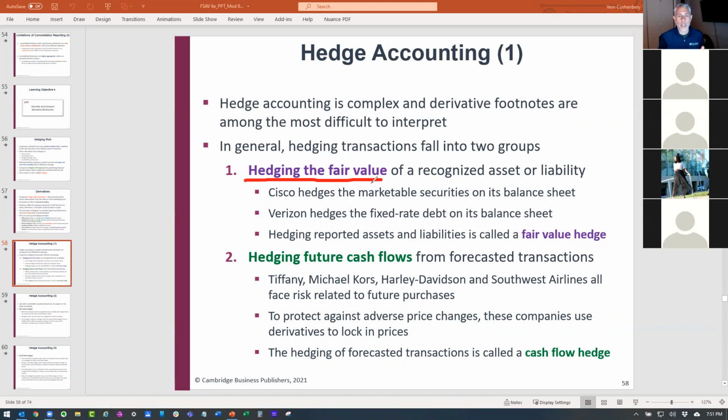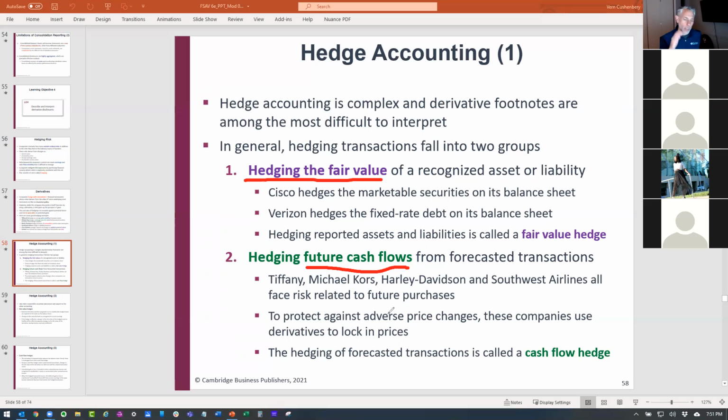Now, contrast that to the hedging for what we call future cash flows, which are a little bit different. In this instance, say we're contracted for a certain number of widgets, and we know that those widgets are going to take this much copper or another commodity, and we want to make sure that those prices are constant over the next 3 to 5 years.